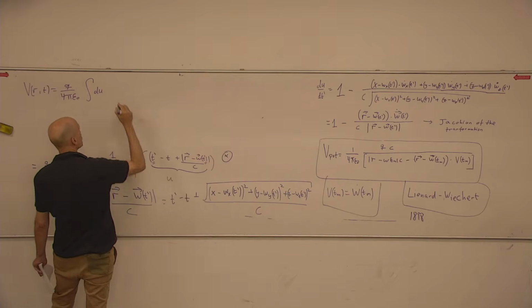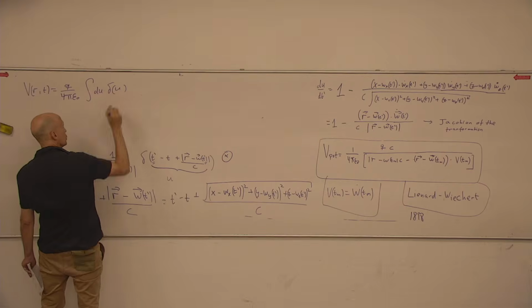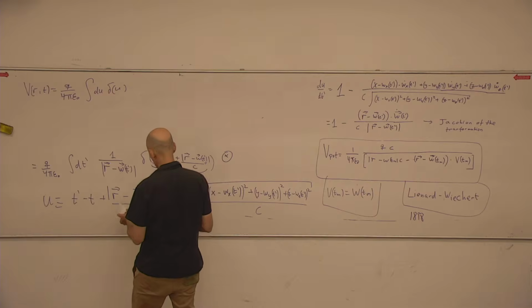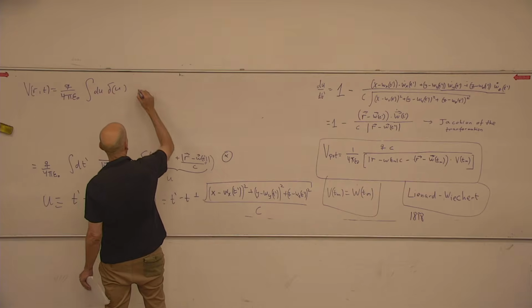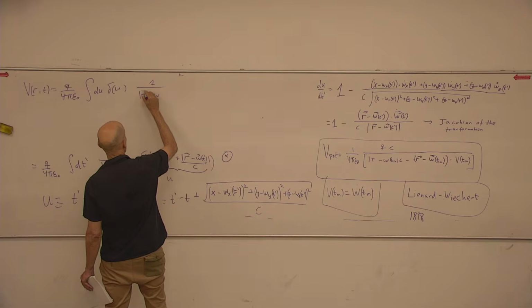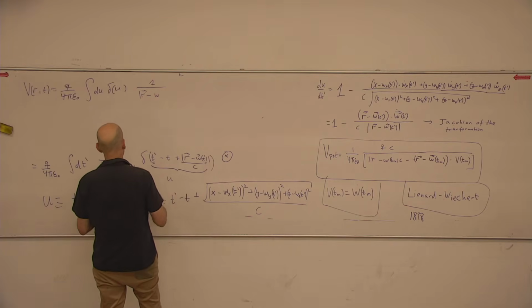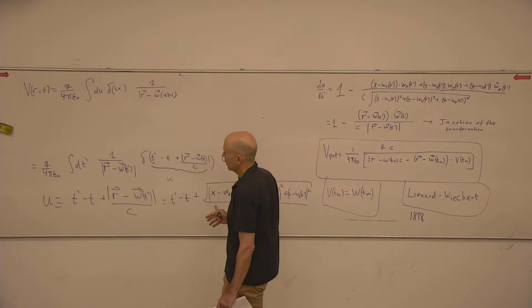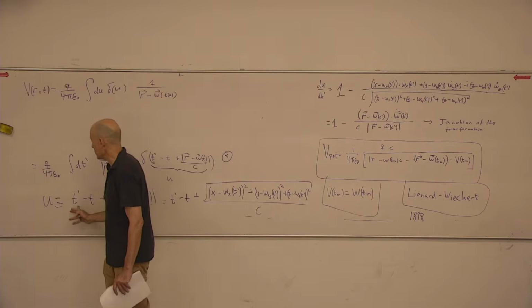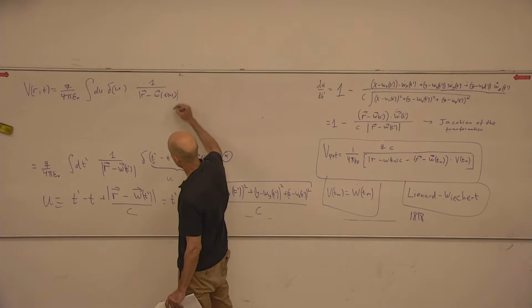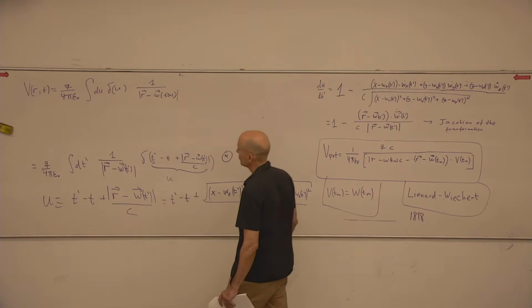What is the delta function of u, which is going to be a simple thing. Here we have 1 over r minus omega t prime of u, because t prime is a function of u.